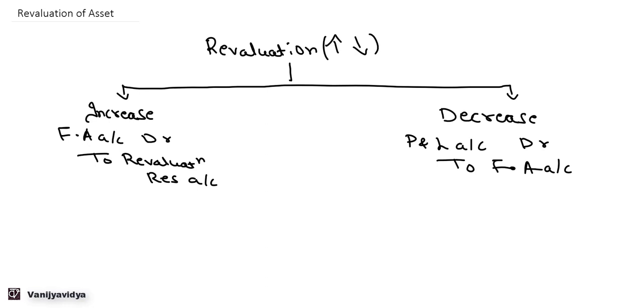So for the increase we have to maintain a separate revaluation reserve account, and it has to be recorded there. That won't be taken to the profit and loss account, whereas loss on the revaluation will be debited to your profit and loss account immediately. This is as per your principle of conservatism.